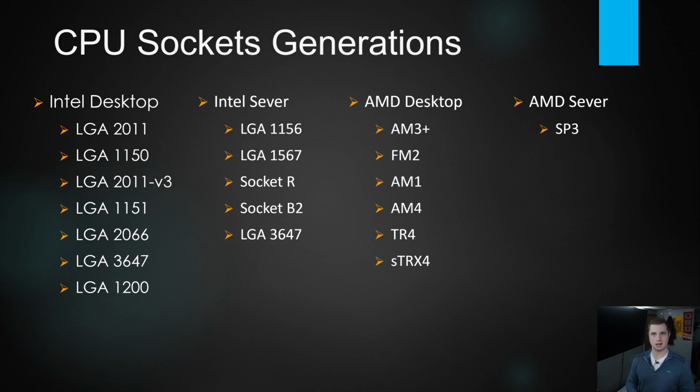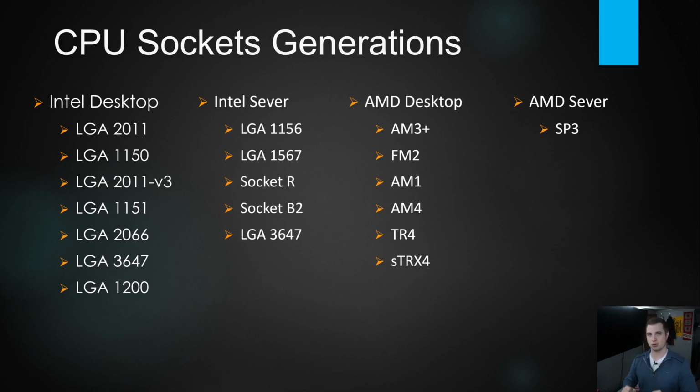AMD Desktop, okay, so your consumer line, you need to know that's a category. Your Enthusiast line for them is Threadripper at the moment, and it has a very similar design to the AMD server line, but the pins and the layout are not the same. So you can't use those chips interchangeably. AMD server naturally is its own thing.